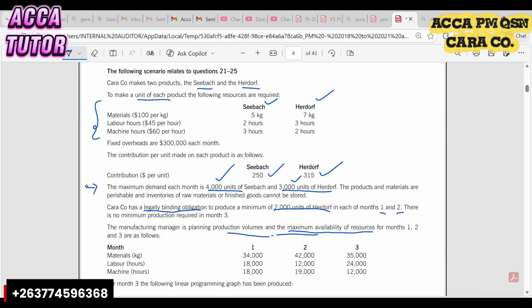Do we have enough labor? Do we have enough machine hours? That's the question we need to ask ourselves, isn't it? Good. So let's start to confirm if materials are in adequate supply. How do we do that? Okay, we can do it in Excel so that we just seal it once and for all.